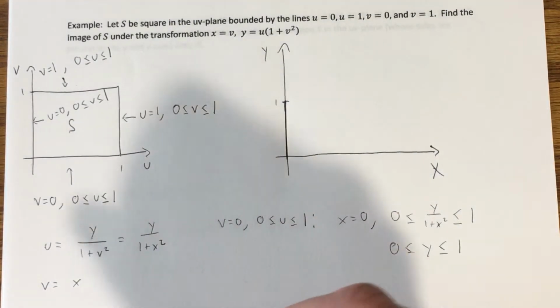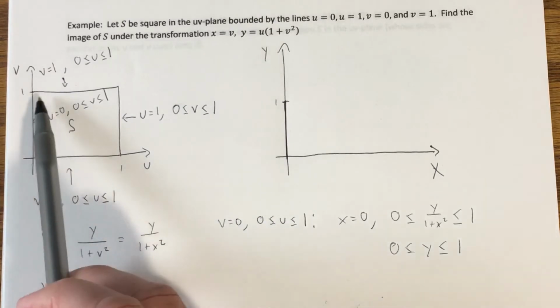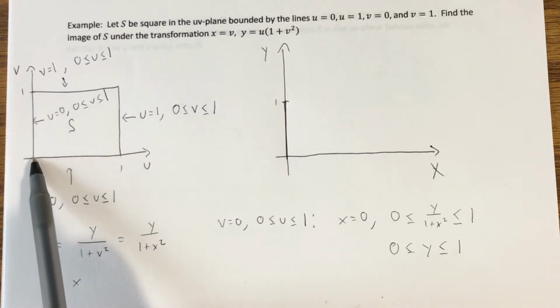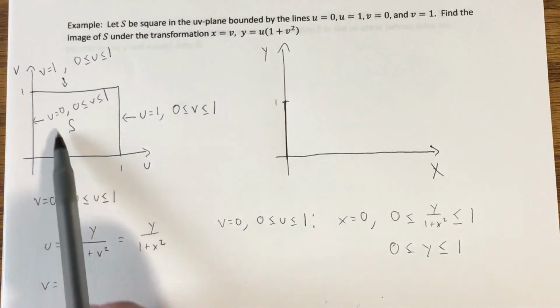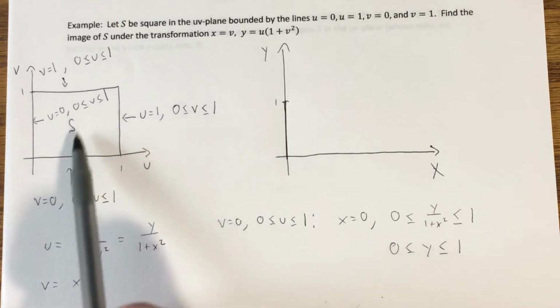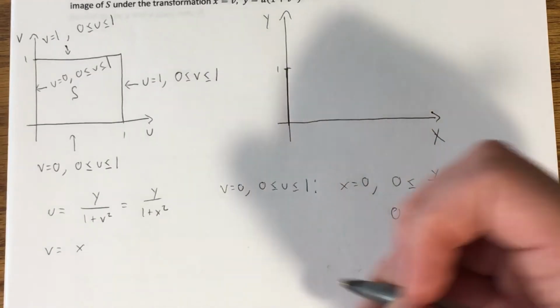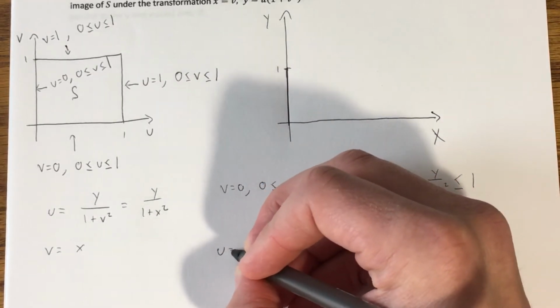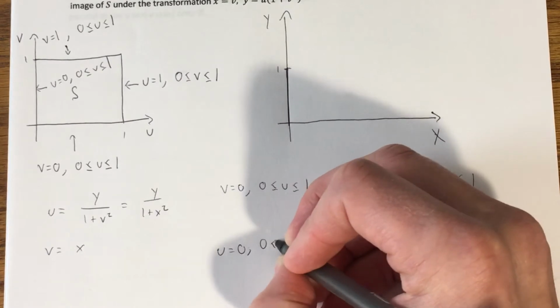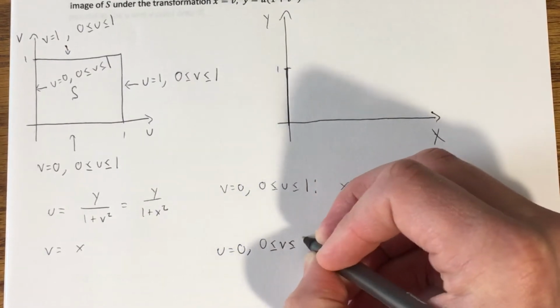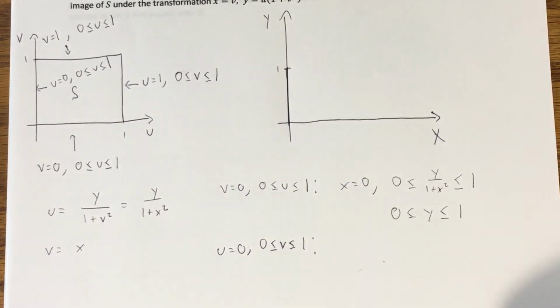But let's do that again with another edge. Let's take a look at this edge right here, where u equals 0 and v is between 0 and 1. So same idea. u, remember, is this expression right here. So let's actually work with the v first.